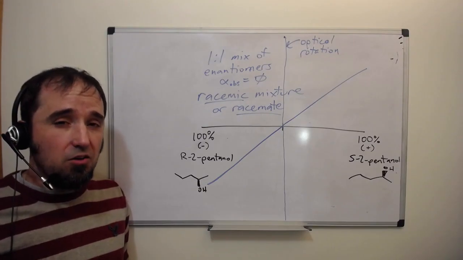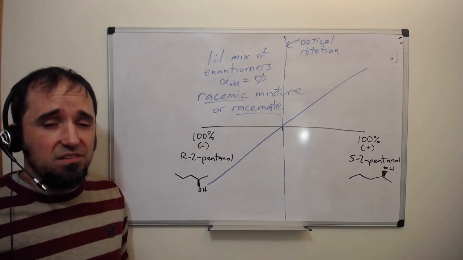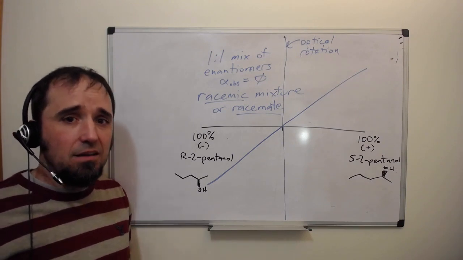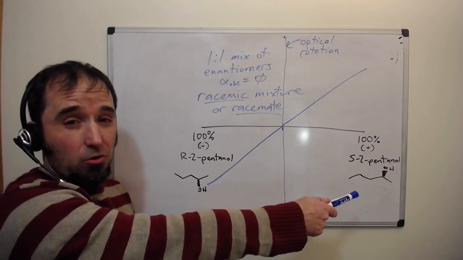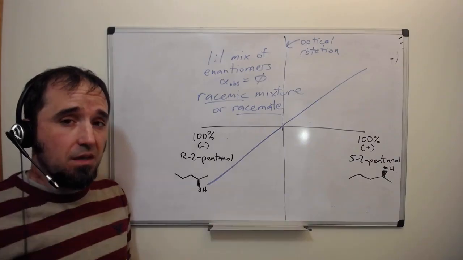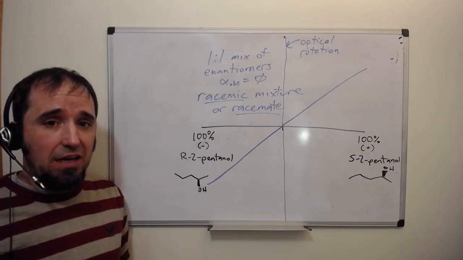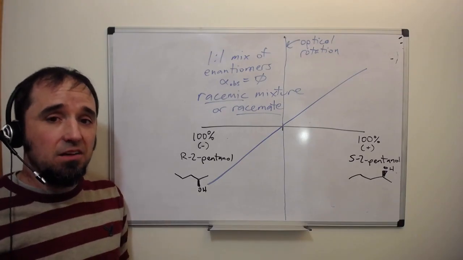And if I'm trying to make a drug, that's not great. That's not really where I want to be, because as we said, enantiomers have different effects on the body. If this is a good drug, then that is probably not as good a drug, or might even be harmful. And so a lot of effort goes into trying to do syntheses that do not give us a racemic mixture, that give us only one enantiomer.